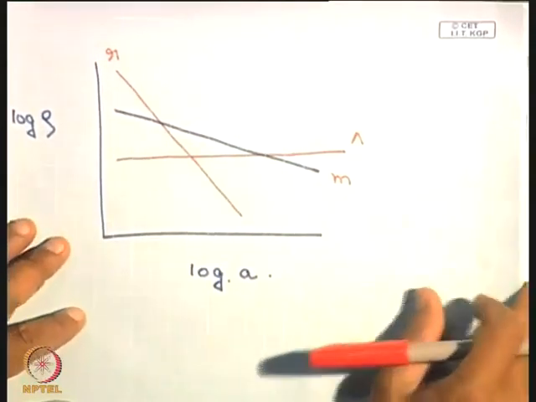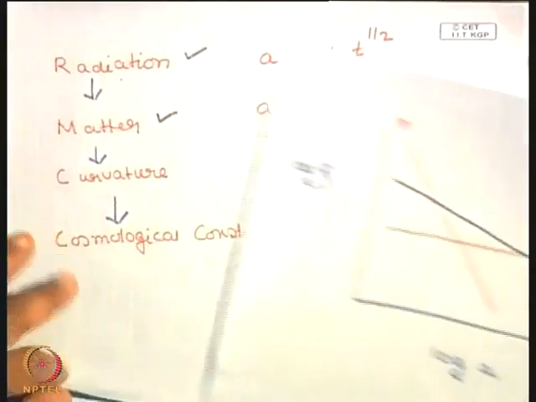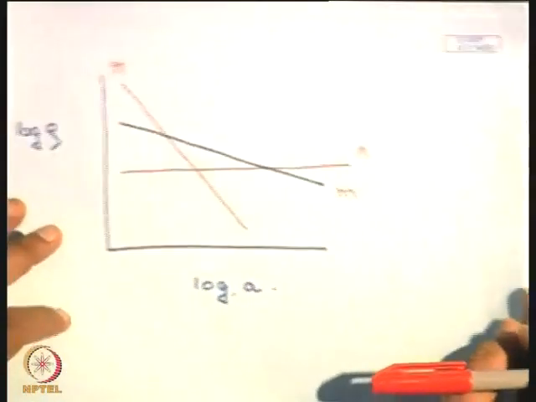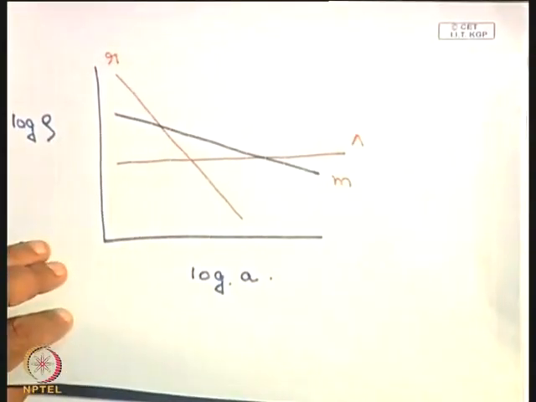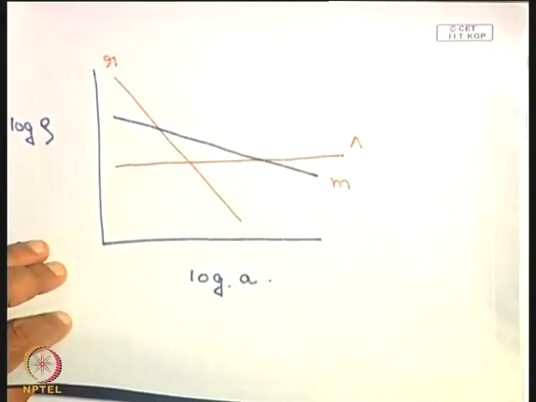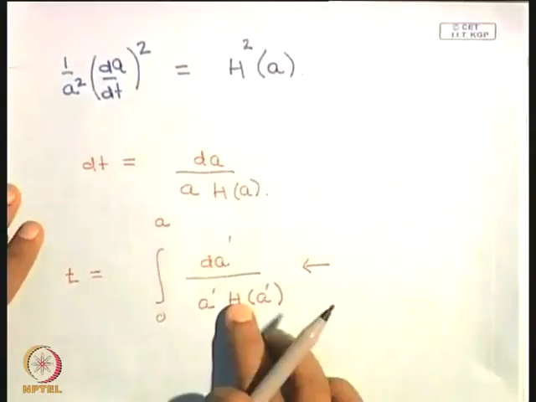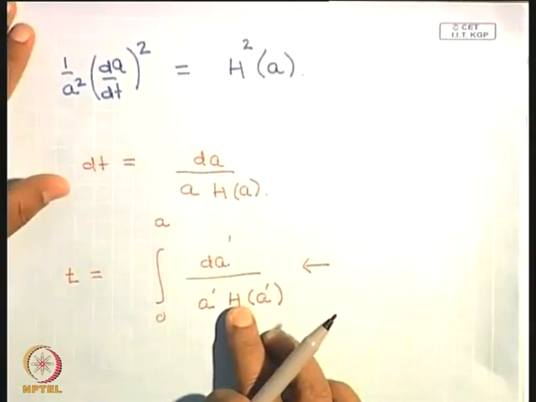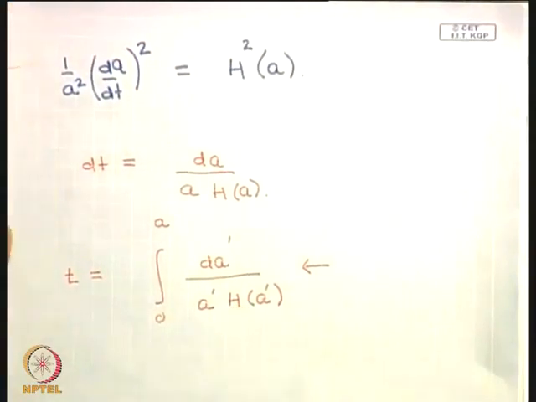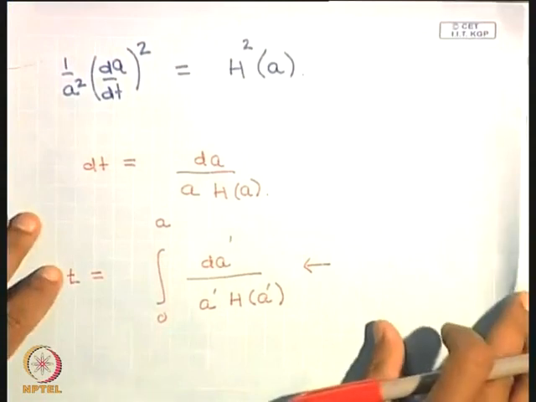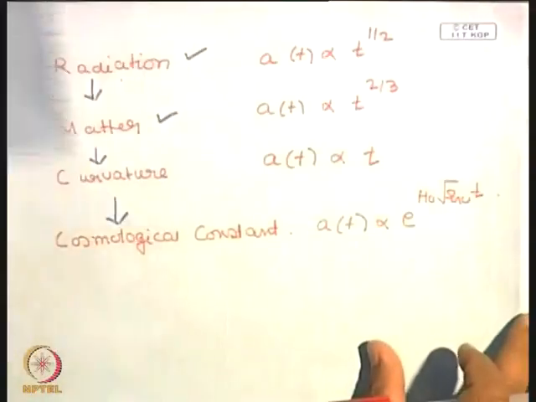and in general, given this equation, all that you have to do, the equation that we have just worked out, is integrate this equation incorporating all the different components that we have. Okay. So I will give this to you as an assignment. Work out numerically the solution for a combination of matter, radiation, and the cosmological constant.